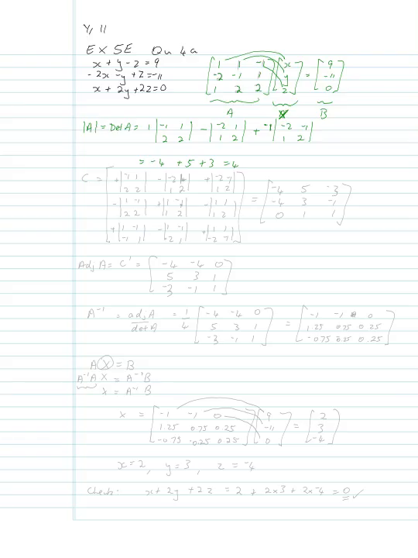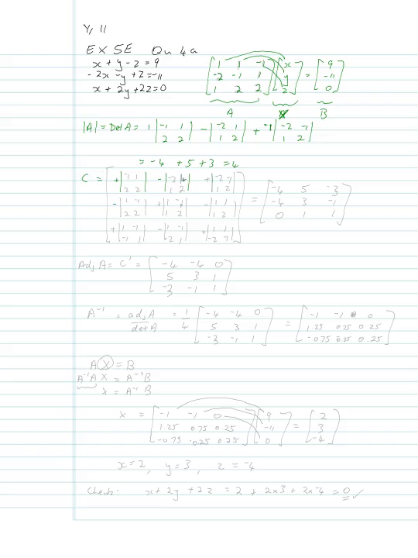Now, the next step we're going to do is work out the cofactor matrix. So I start by showing my smaller ones. So we'd have plus, minus, and plus.